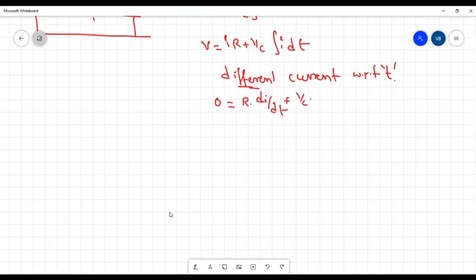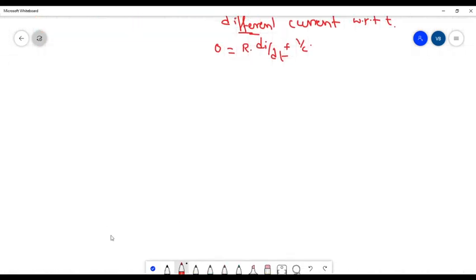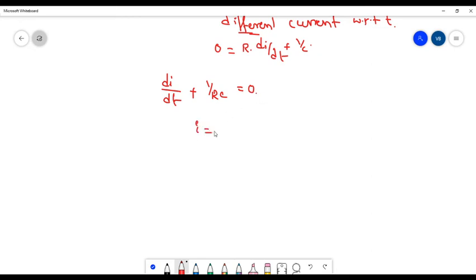If you write it this way, di by dt should not have any constant, so di by dt plus 1 by RC into I equals 0. Calculating by the particular integral as well as the complementary function, we get the I value as C into e power minus t by RC.